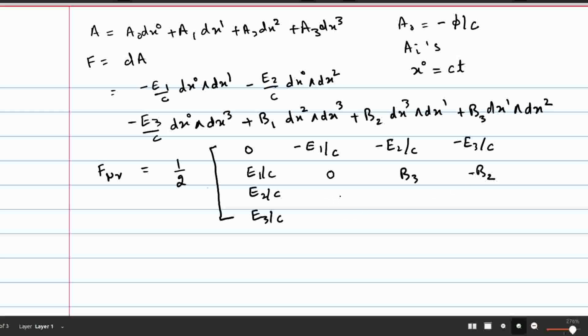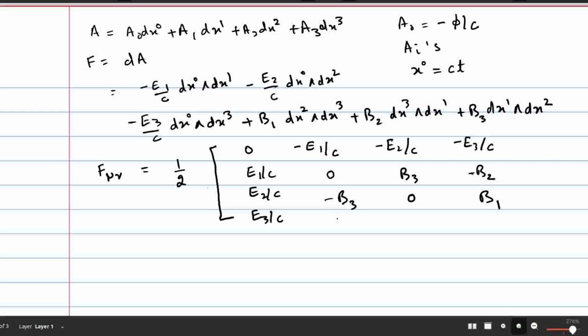Sorry, this is not 3/1, this is 2/1. So 2/1 is minus B3, 2/2 is 0, and 2/3 is B1.